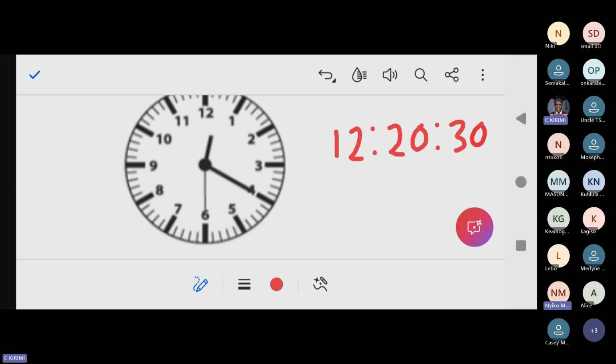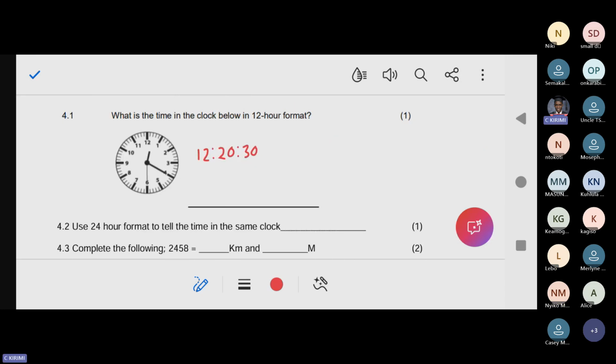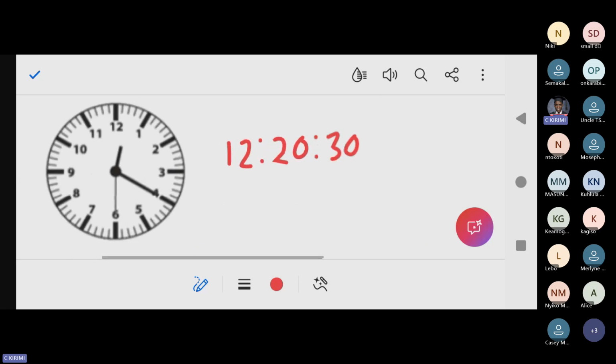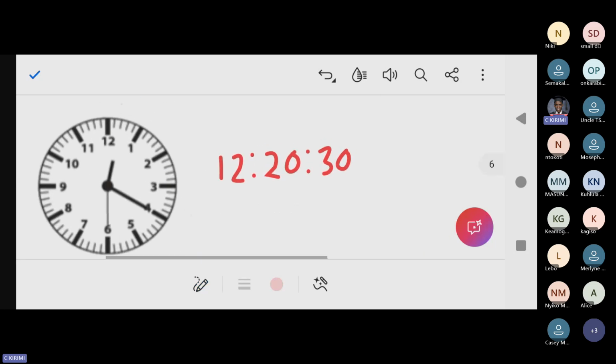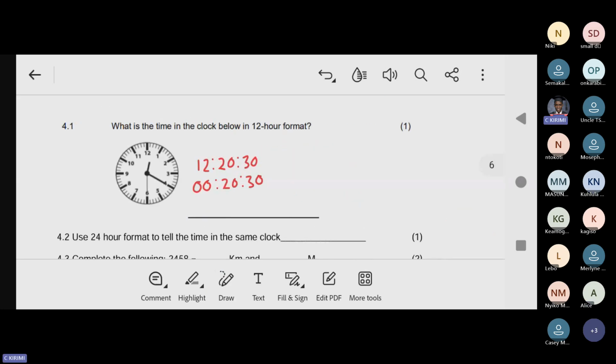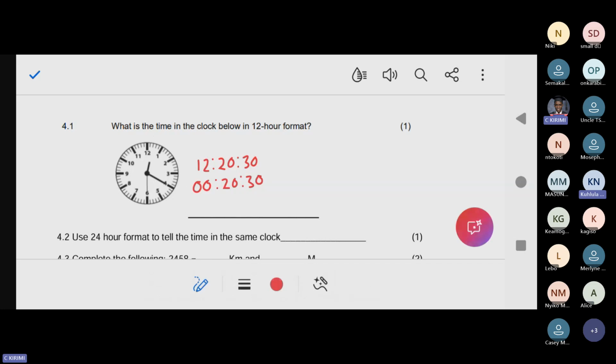Then this clock can also be in 24 hours. If it's early in the morning, you can also write it as 00 colon 20 colon 30, which means 20 minutes and 30 seconds have passed. We were not told whether it's noon or afternoon. They said 12-hour format but did not tell us if it is morning or afternoon.